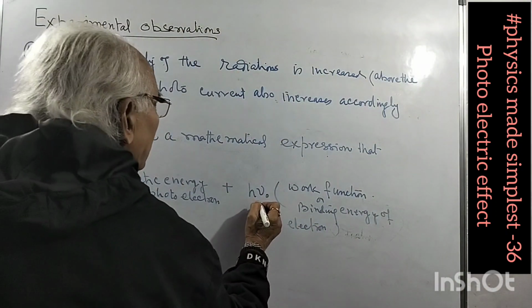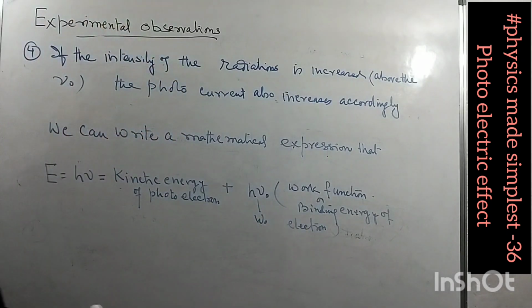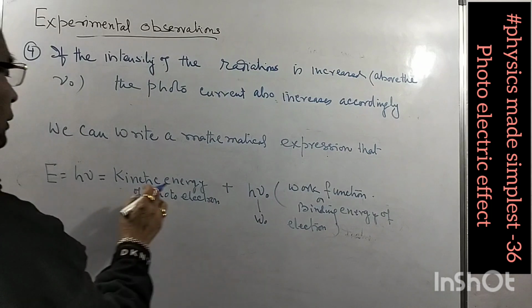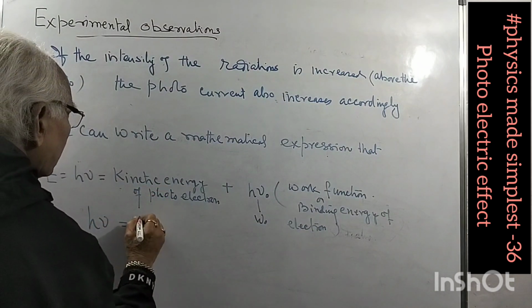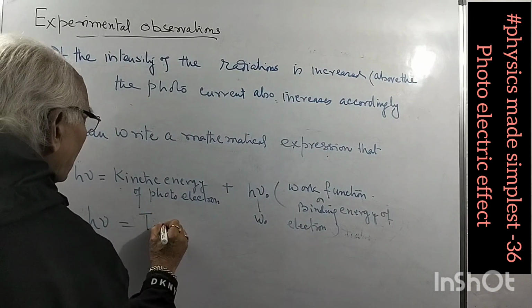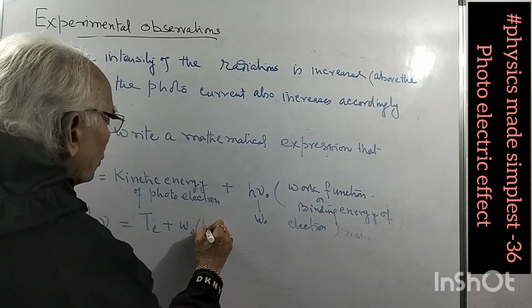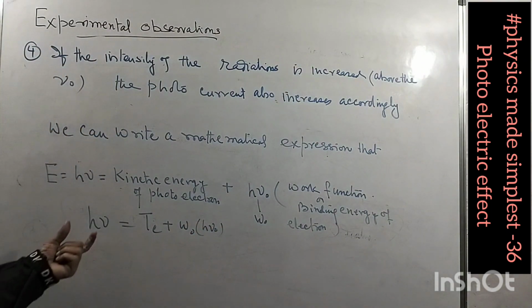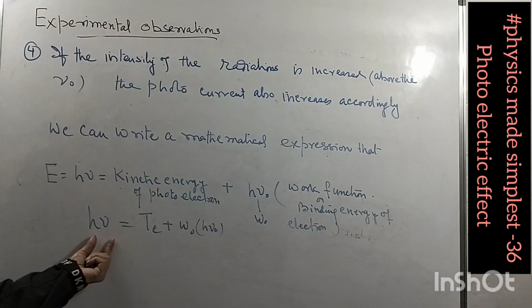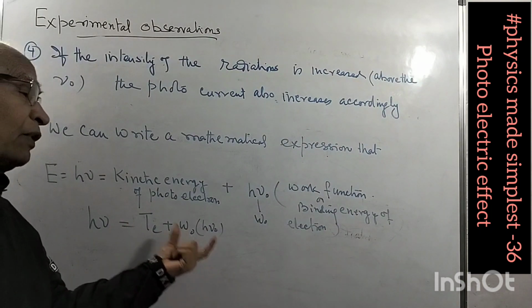This is written in some books as W naught, that is the binding energy, or h nu naught. h nu is the total energy of the radiation, which is the kinetic energy of electron plus W naught, or h nu naught, you can write. So the whole energy of the incoming photon is shared by kinetic energy of electron and the work function.